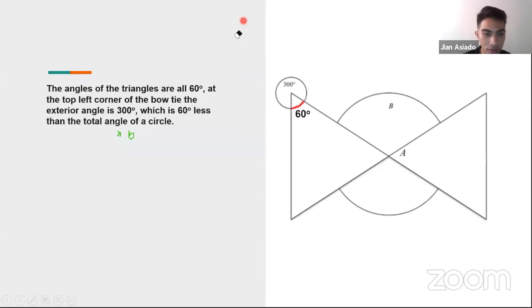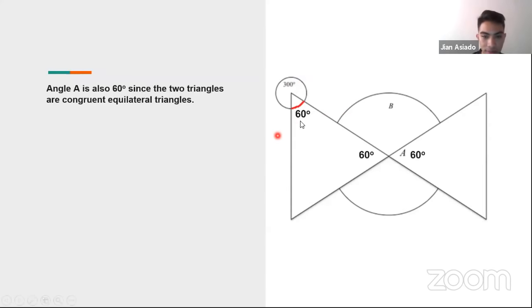Ayan. So this one, kung mapapansin nyo sa gilid, at since 360 ang sum ng inside angles ng circle, so 360 minus 300, then we have 60, and then since equilateral triangle siya, so these two are 60.